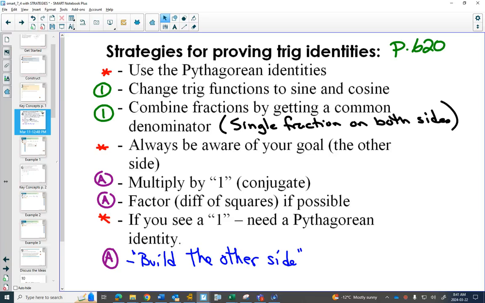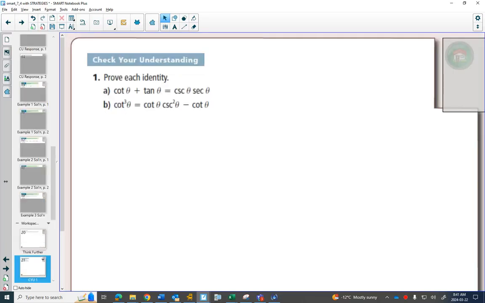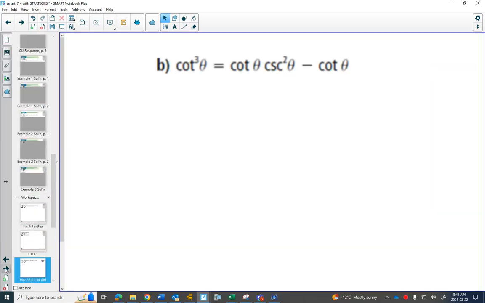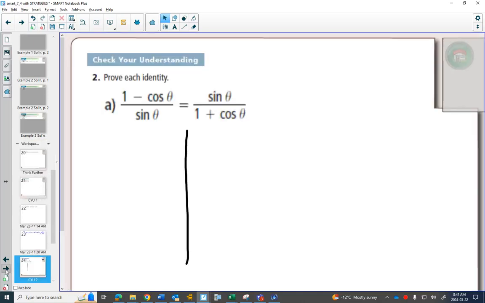But if we look at this question, here it is, it's already in sine and cosine. There's nothing we can change there. And we don't have sine squared and we don't have cos squared, so we are not allowed to use sine squared plus cos squared equals 1, because that only happens if you have it squared.